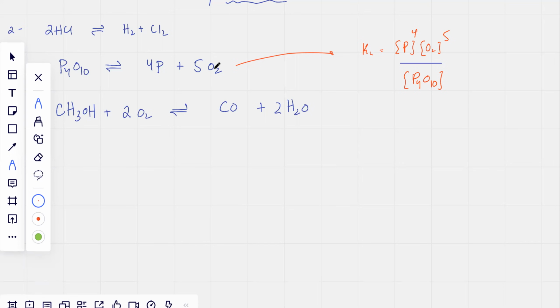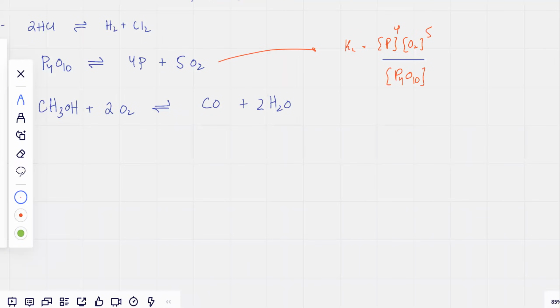And you'll be told to write the unit as well. For units, I told you that for concentration, the unit is mole per dm cube, but take it as x. So x to the power 4 into x to the power 5, divided by the concentration of P4O10, that's going to be x.